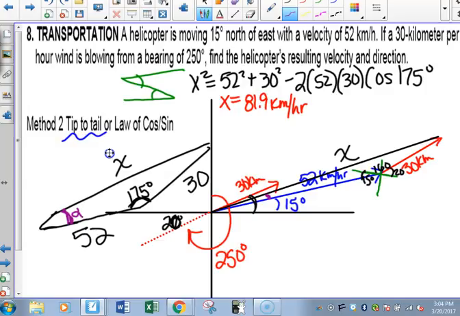So this was 81.9, and that's across from the sine of 175, in the same way that the sine of that little teeny tiny angle is across from 30. So 30 times the sine of 175 divided by 81.9. Inverse sine of that. It's a lovely 1.8 degrees in there.